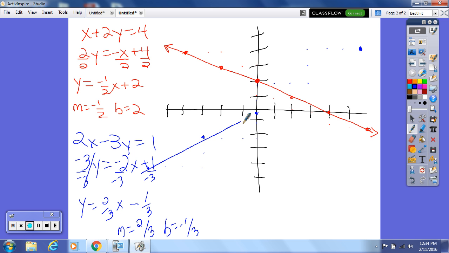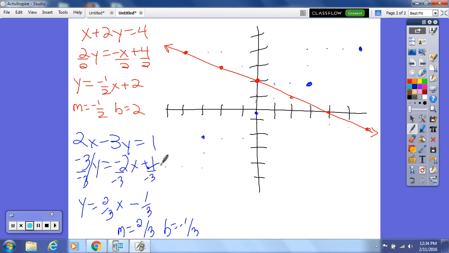Alright. Did I screw something up? What point am I going to? Up 2, I was going to right here, right? Up 2, right 3. Why did I not make that one bigger?